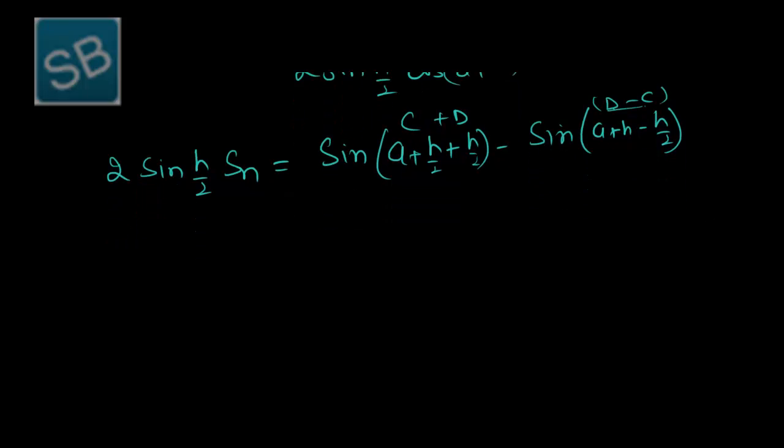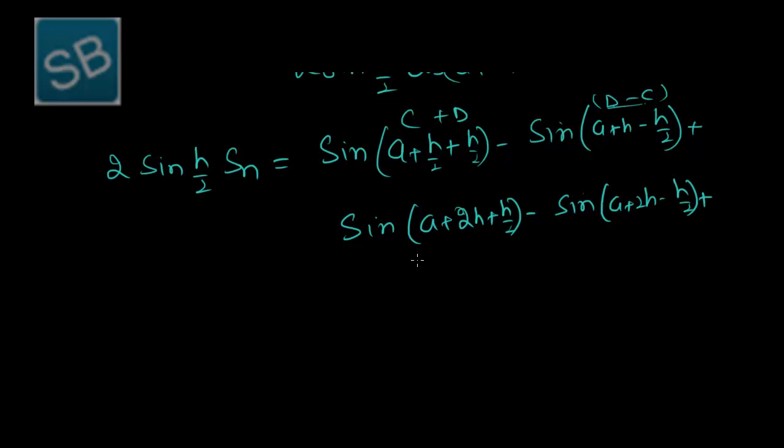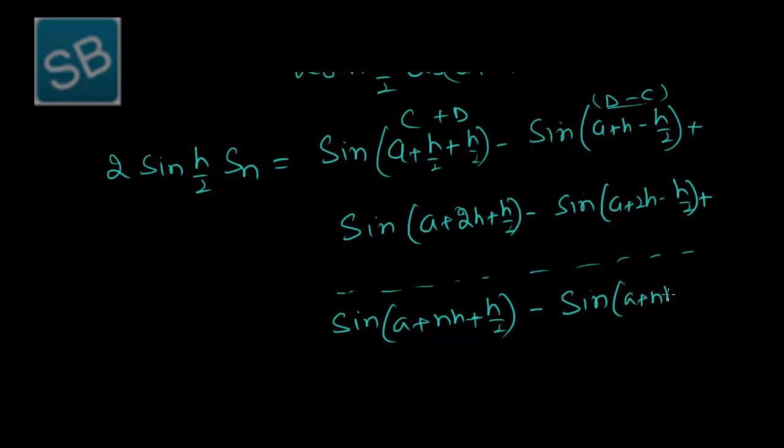Next step is sin(a + 2h + h/2) minus sin(a + 2h - h/2) plus so on, sin(a + nh + h/2) minus sin(a + nh - h/2). So what happened?